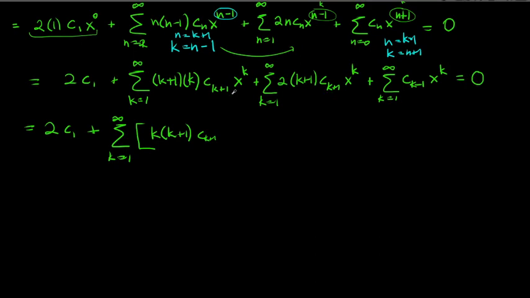Before I write the ck plus 1, let's add the 2 times k plus 1. All of that times ck plus 1, and then plus the ck minus 1, and all of that is times x to the k, and that's going to equal 0. Okay, so I think I got that. Let me just check for a second. Yep, that looks right.